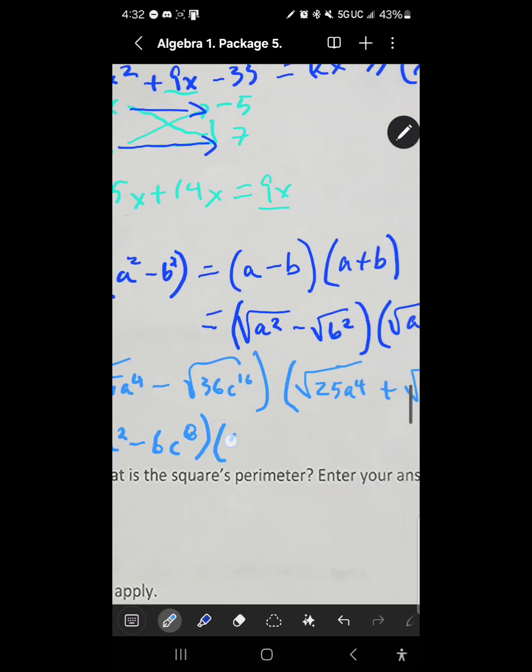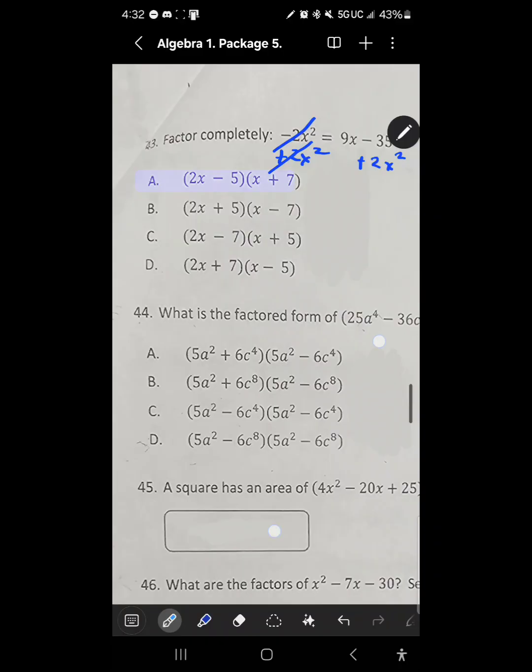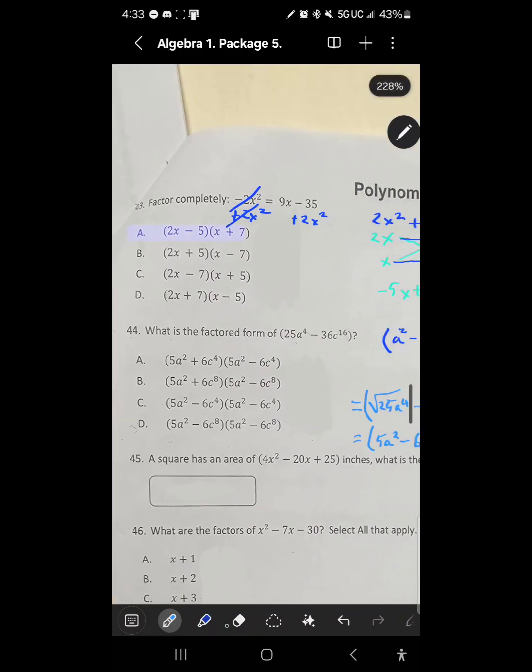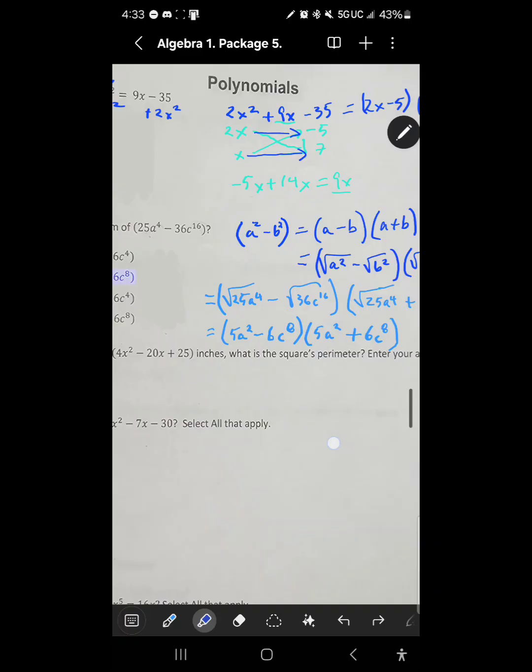And here is the same, so 5a squared plus 6c to the 8. And this right here is our answer, which is this one. Yep.